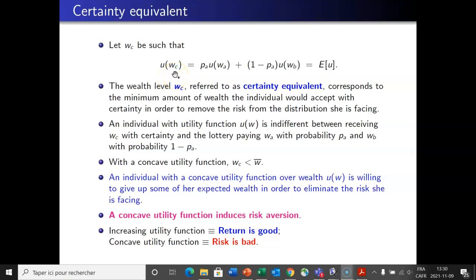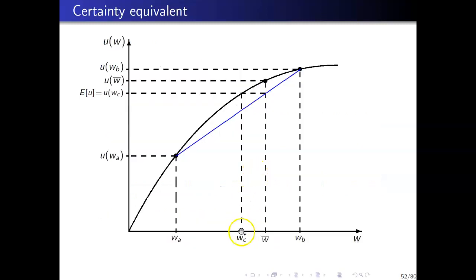So we want WC to give the same level of utility as the expected utility felt by the individual when facing the two possibilities WA and WB. So with the concave utility function, WC is strictly smaller than W bar. Okay, why is it? So here we have W bar, the expected wealth.